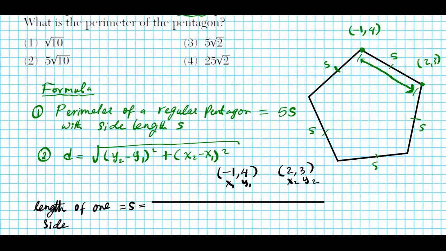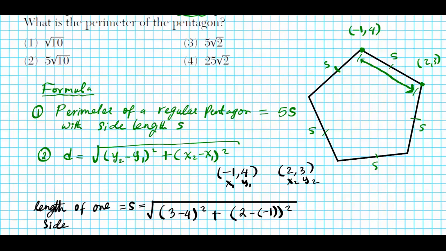Okay, so we're going to have the square root of the sum of the squares. So the square root of (y2 minus y1), which is (3 minus 4) quantity squared, plus (x2 minus x1). You have a minus there, like that, and then you square that to complete your radicand.